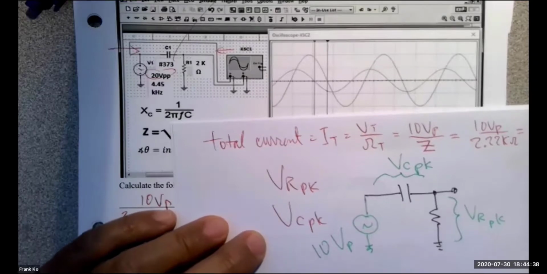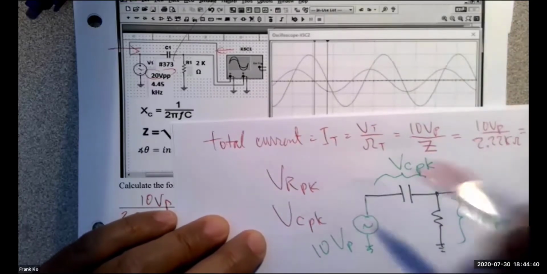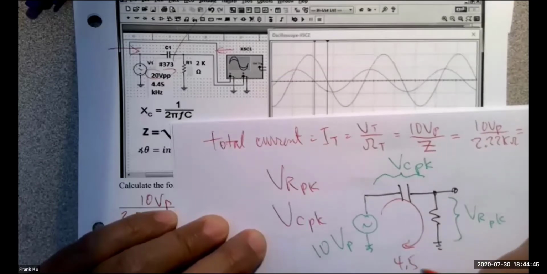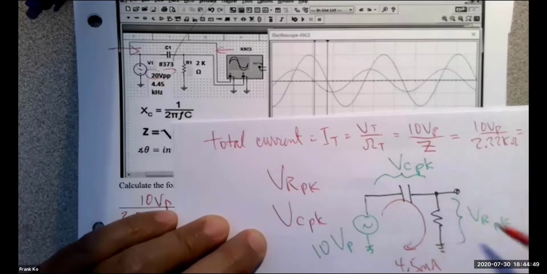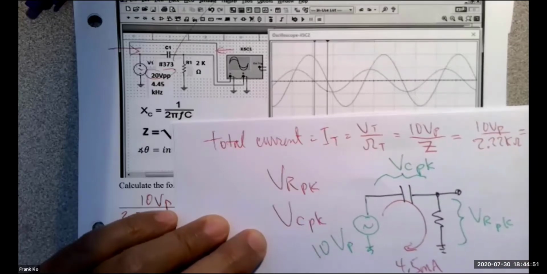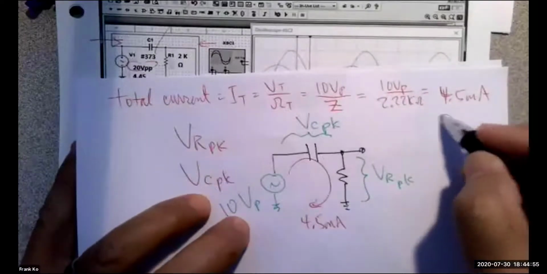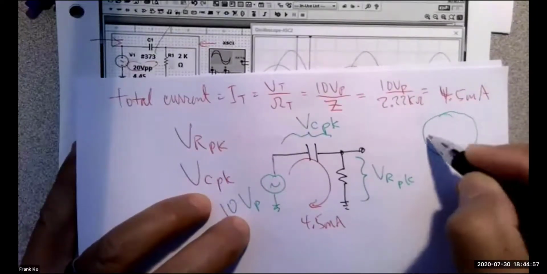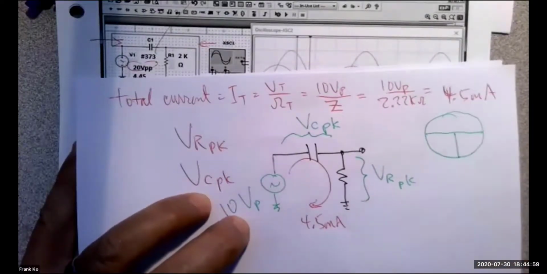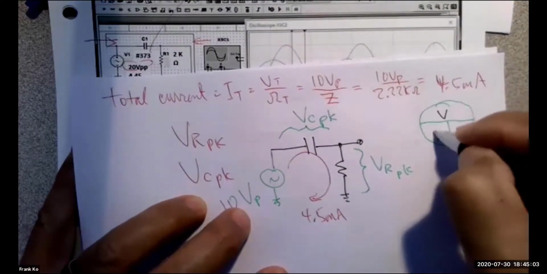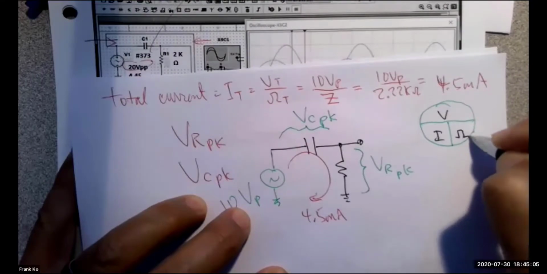So that being said, if you know the total current flowing in this circuit is 4.5 milliamps, how do I find each of these respective voltages? Don't we use Ohm's law? And once we get into AC, we should write Ohm's law a little differently. We should write Ohm's law as V, I, and ohm.